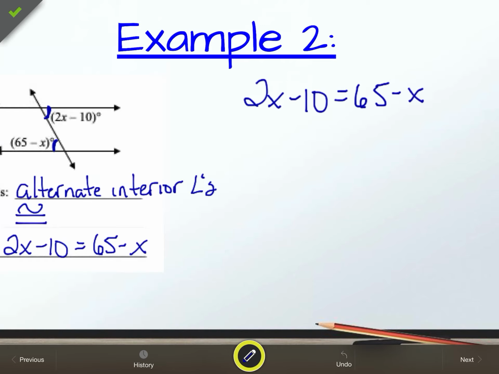For me, I can solve it about as fast as I could pull Desmos up and type it in. And you will get x equals 25.